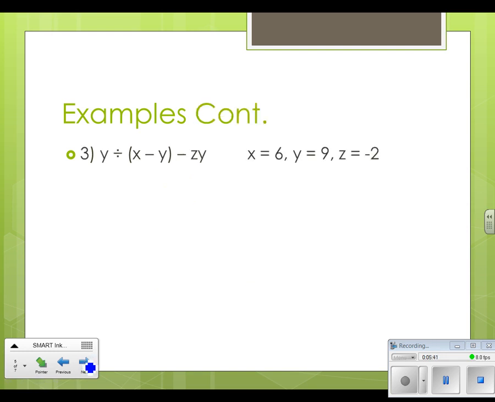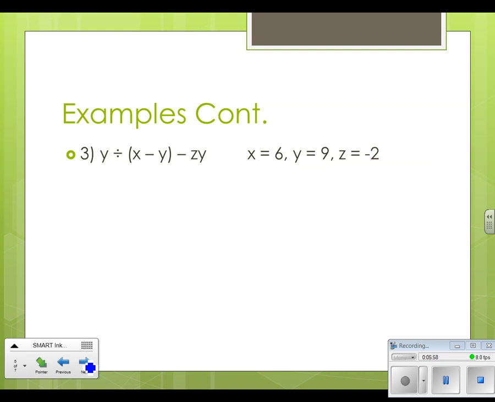In number 3 here, we have an algebraic expression because we have variables: y divided by, in parentheses, x minus y, and then minus z times y. So we have to replace the variables with the values here.